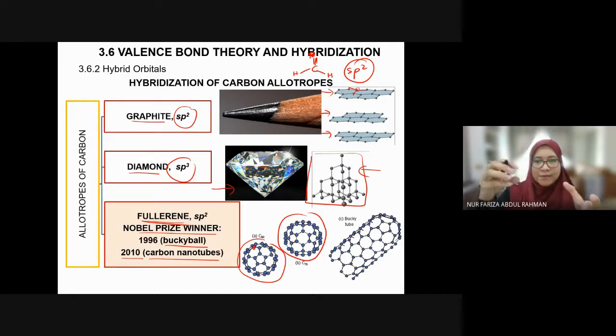Okay, let's say we can place a drug ataupun active compound in this cage, in this fullerene, so that it carries this drug to the targeted area and releases the drug so that it can directly attack, for example, cancer, to treat the cancer.